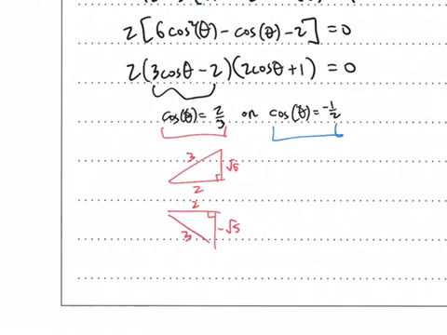Okay, so what that tells me is W is a complex number, and W has a real component, which has a cosine, and an imaginary component, which has a sine. So if cosine θ is 2/3, then sine θ is either plus √5/3 or minus √5/3.